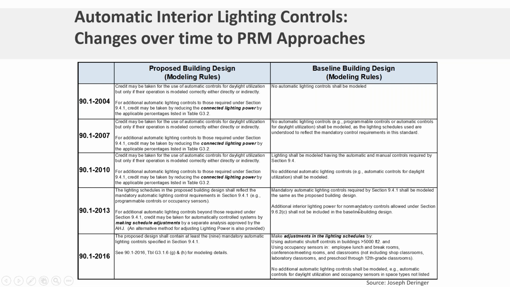Starting in 2013, you start to include these control factors where you have them. And in 2016, it sort of referenced all the way back to 2004 in the baseline. So really 2013 was the most stringent in terms of how lighting controls were dealt with and the most complicated, I'd say. 2016 and forward, it makes it a lot simpler. You have fixed schedules. You only have occupancy sensors in very few spaces because that's what was required in 2004.